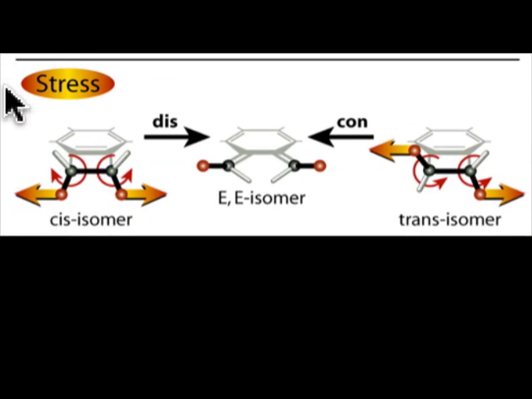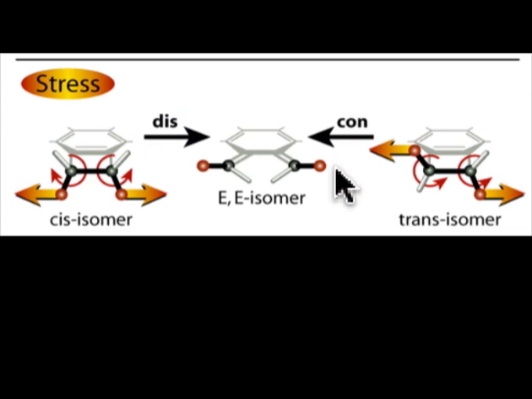And now what we learned is that upon application of force, we can bias the reaction pathway with this external mechanical energy source that we're bringing to bear on this molecule. And so the cis isomer follows the disrotatory pathway, while the trans isomer goes by the normal thermally allowed con-rotatory pathway.